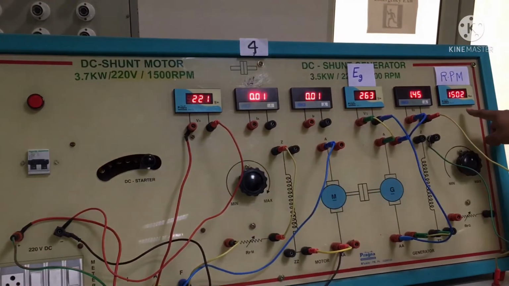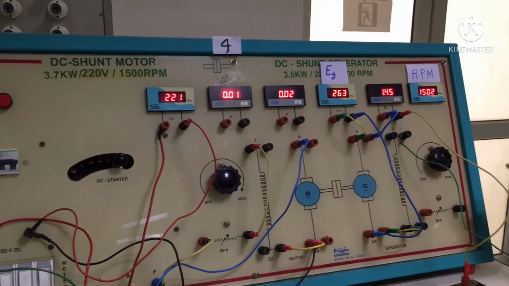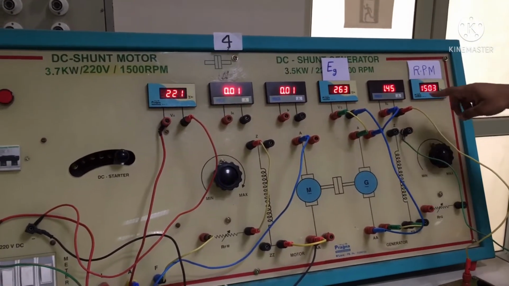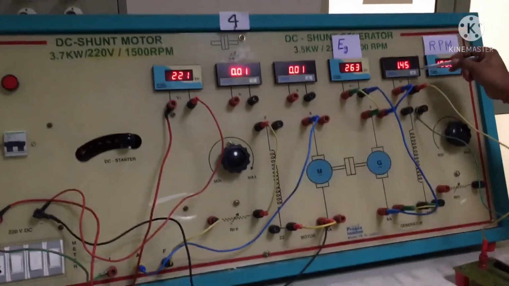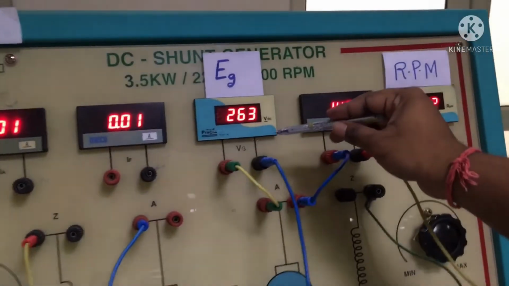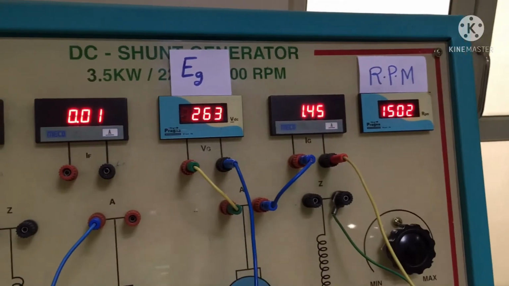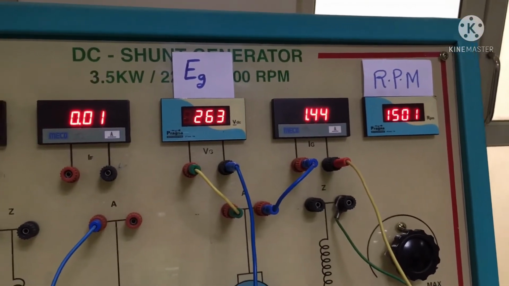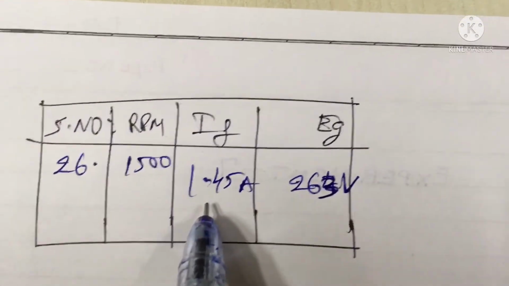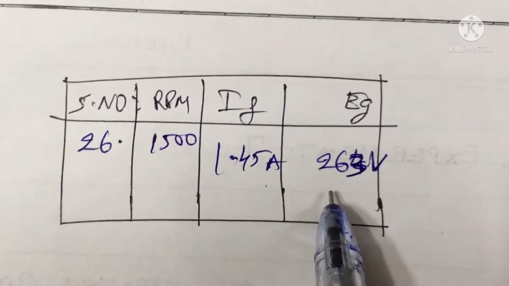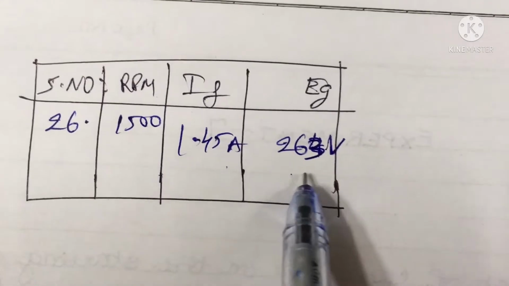We have adjusted the 1500 rpm. At this condition, current through the field winding is 1.45 amperes and voltage across the armature winding is 263 volts. Here we have noted down the field current of 1.45 amperes and voltage across the armature is 263 volts.